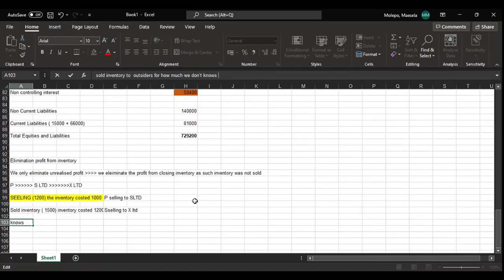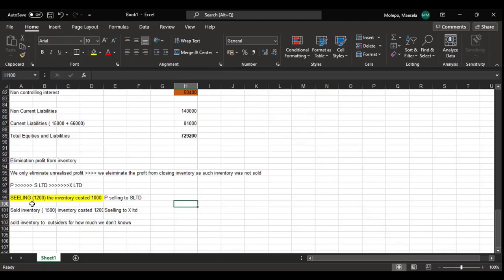So now let's account for this. They were told that if this inventory of 1.2, which was sold to S Limited, and S Limited managed to sell all of it, there is no elimination that's going to happen.